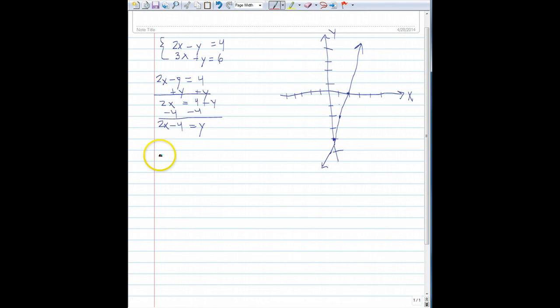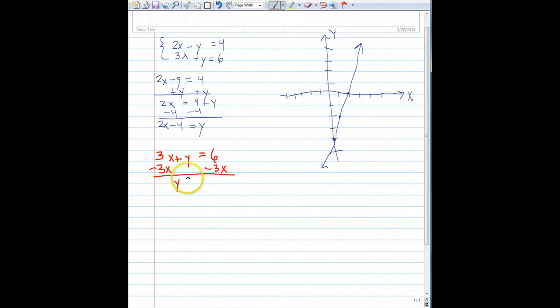So now I'm going to do the 3x plus y is equal to 6. To solve this, we can just subtract 3x on both sides. The reason we had to use more than one step on the first equation is because there was a negative in front of the y. But because our y is positive here, once we subtract the 3x over, then our y is already isolated.